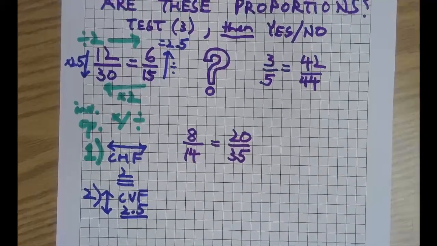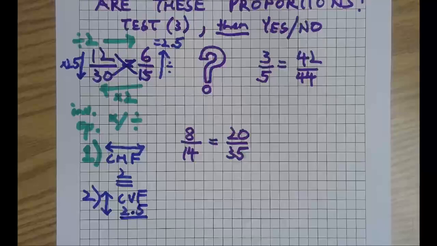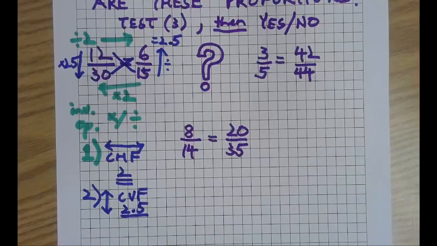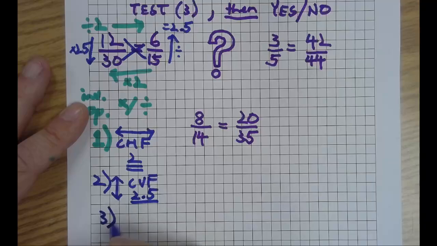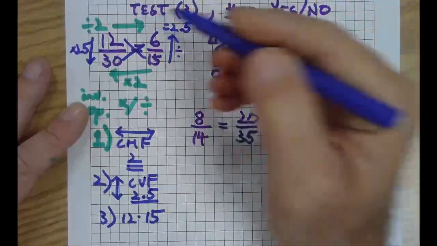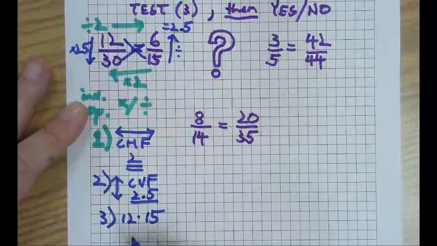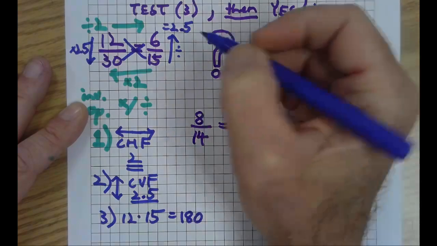And then finally, let's test for cross products. So, third test. 12 times 15 is 144 plus 36 is 180. So complicated to get such a nice, simple answer.